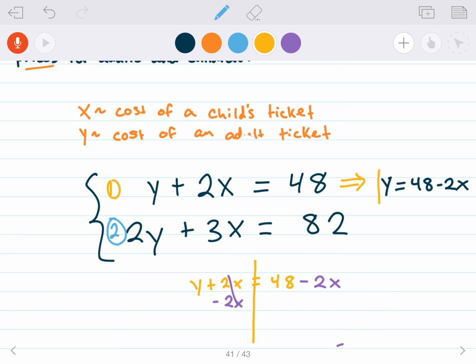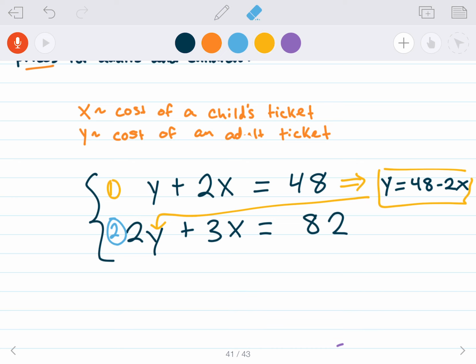And what I'm going to do is substitute that in here to figure out what x is. So, using my second equation, y we just found to be 48 minus 2x. The point of doing this is to get everything into one variable so that you can solve, and this one variable is x.